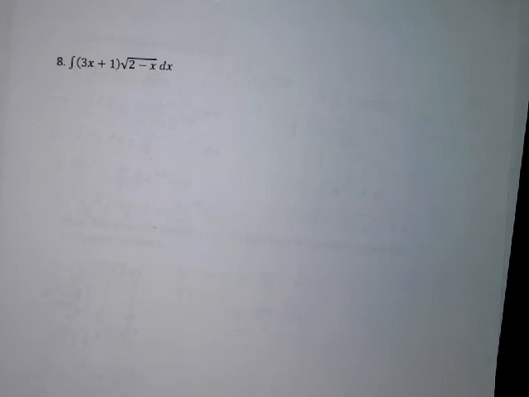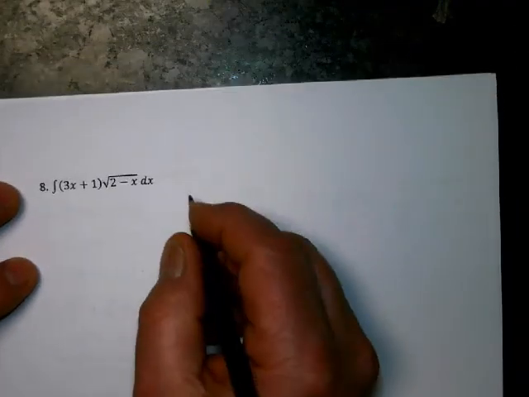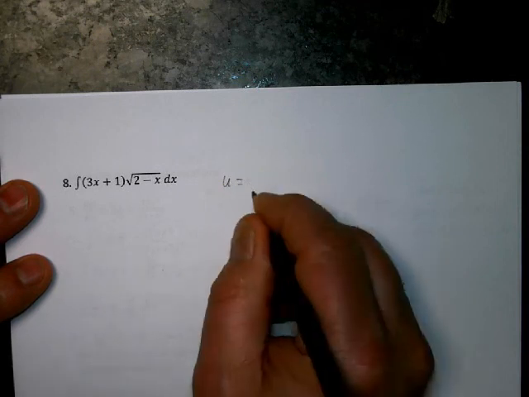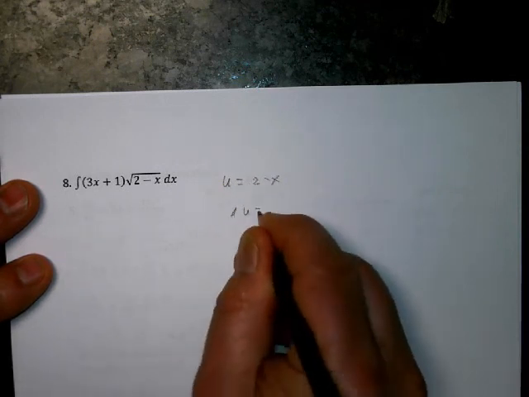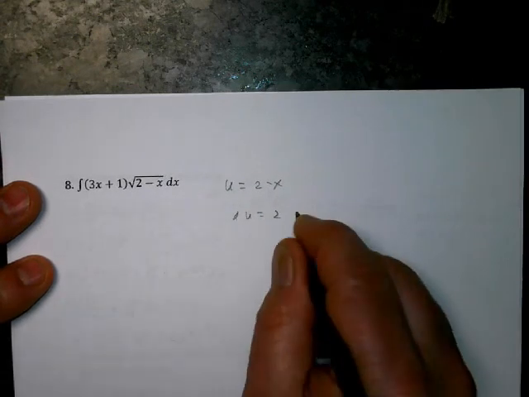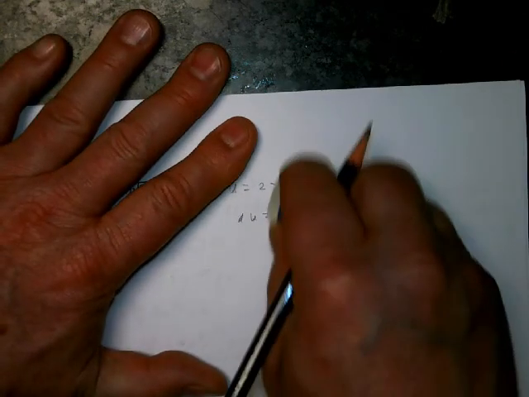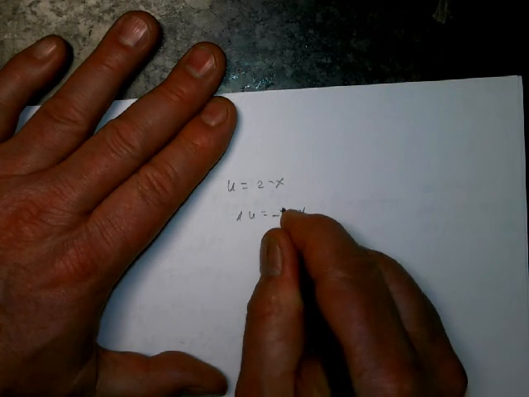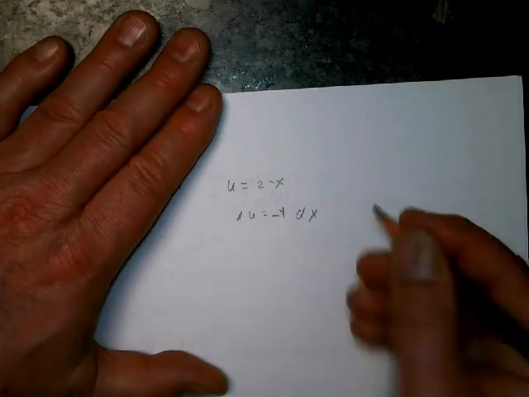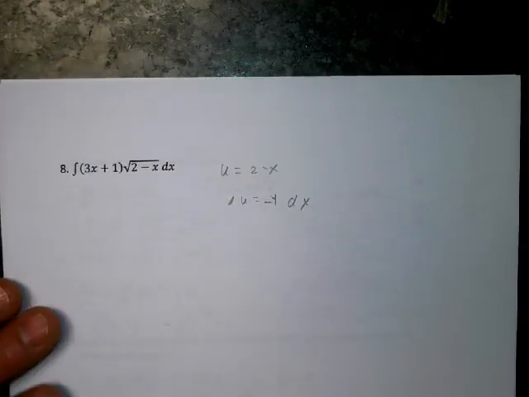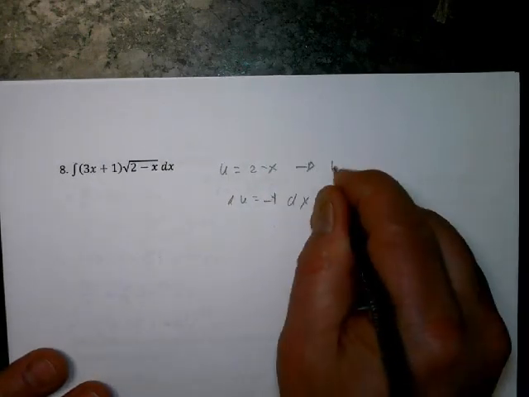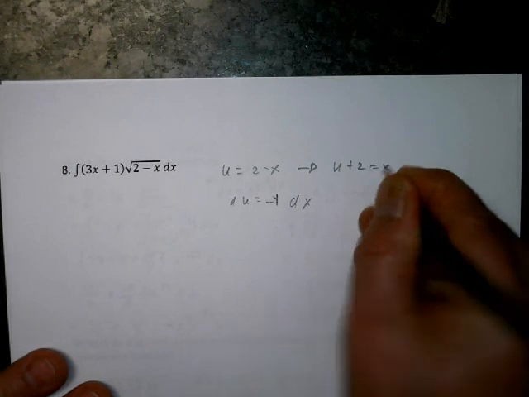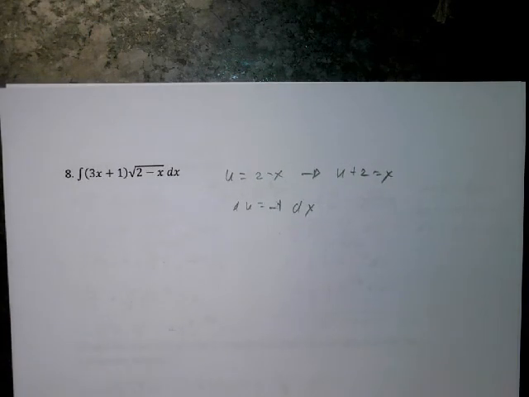One more example for 4.5, day 2. Whoops. All right, so u equals 2 minus x, and du is negative 1 dx.